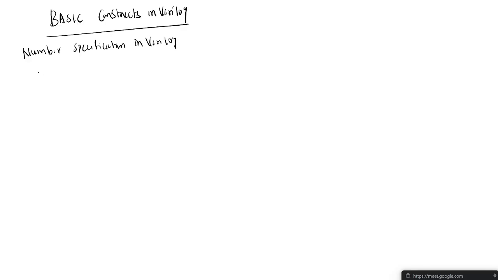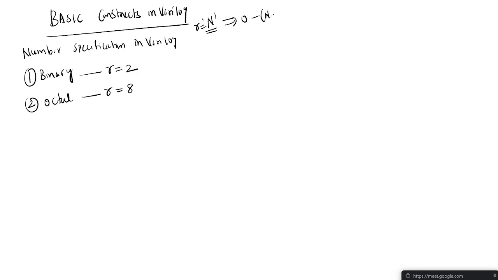You have first binary. Binary, what is the radix? 2. And you have octal. What is the radix? 8. If n number is there, the radix is n. The range of the number is from 0 to n minus 1.